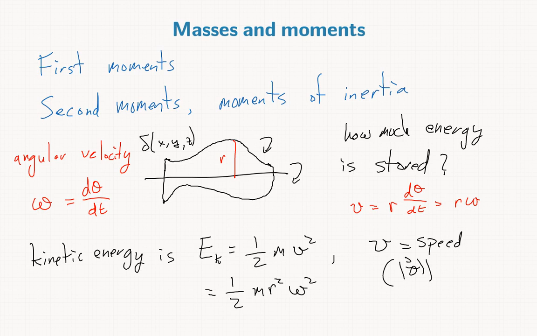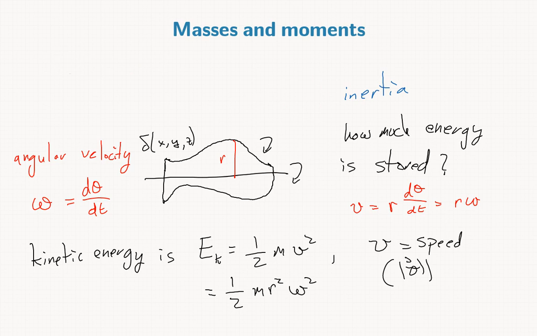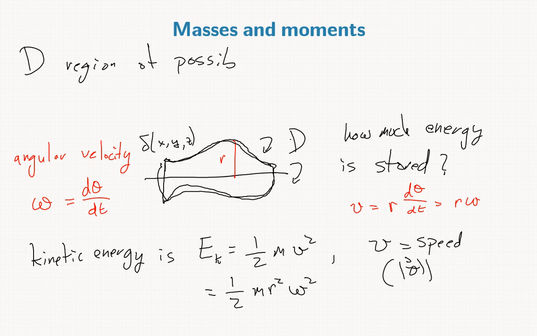Now that was just for one point rotating around. So if now D is some region like this, a region of possibly varying density.